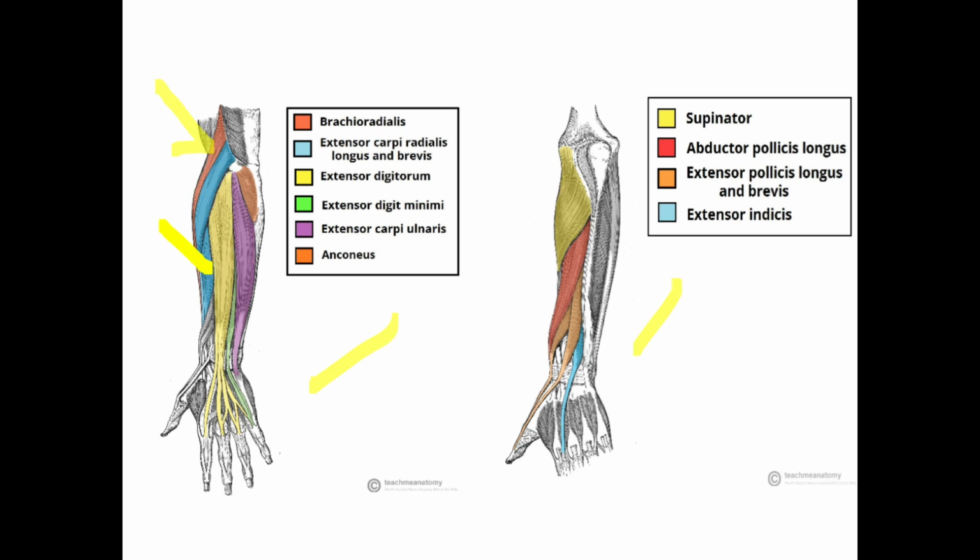This is the extensor carpi radialis brevis, then your digitorum, your ulnaris. And you have deep muscles right here, the pollicis, the supinator. So that's all for the muscles of the forearm.